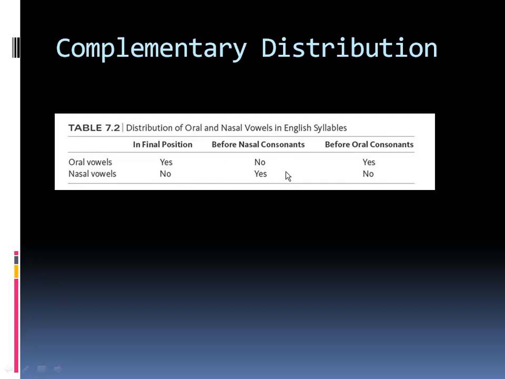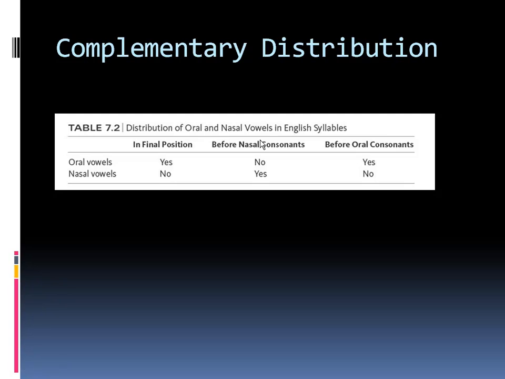How about before a nasal consonant, like bean? Nasal cavity, right? So before a nasal consonant, the vowel becomes nasalized. How about an oral consonant such as d? How about bead? It stays oral.